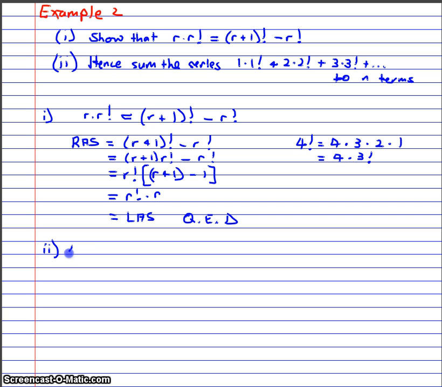So we're going to let Sn, the sum to n terms, equal our series 1 times 1 factorial plus 2 times 2 factorial, and continue that on, 3 times 3 factorial, until we get to the end. That's going to be n times n factorial.